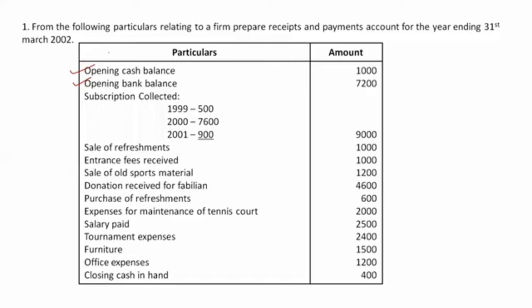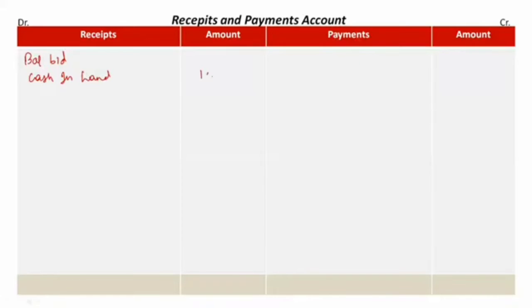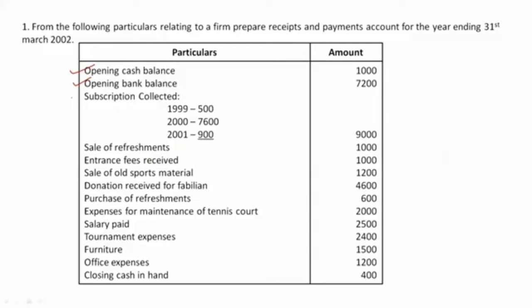Just take whatever the amount is given here, rupees 1000, and opening balance of bank is 7200. So 1000, and cash at bank, rupees 7200.